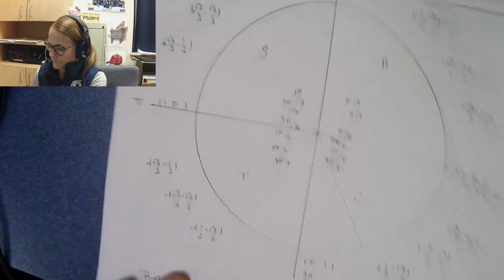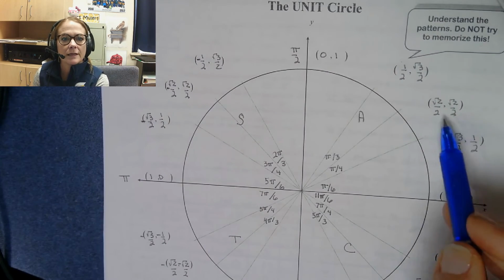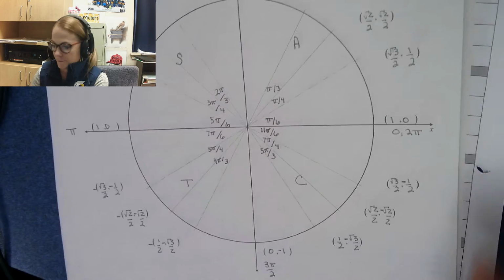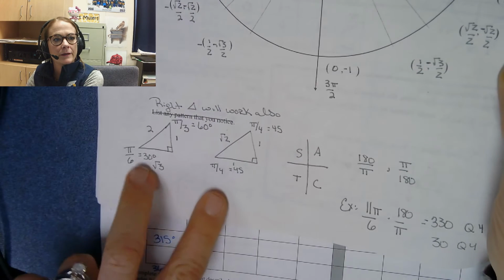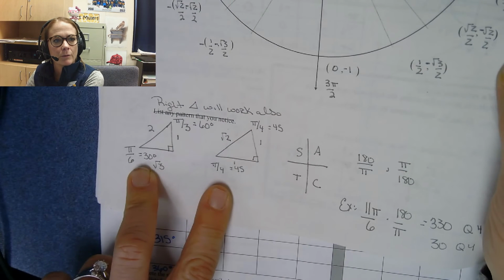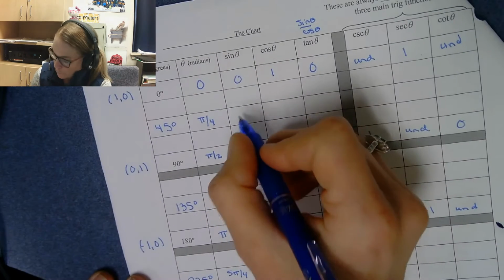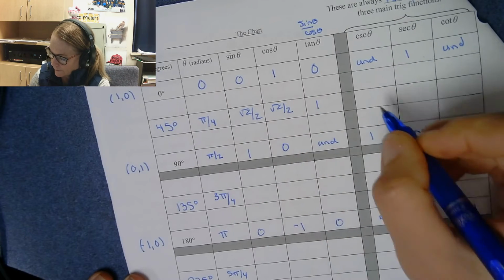Let's do our values again from the unit circle, which I have here. We're just going to pick up these values for cosine and sine, and these values are all coming from the special right triangles. So this is root 2 over 2, root 2 over 2, and sine over cosine, anything over itself, is 1.